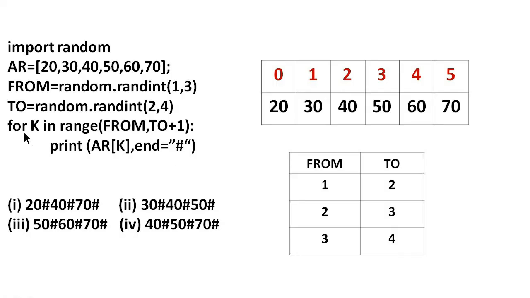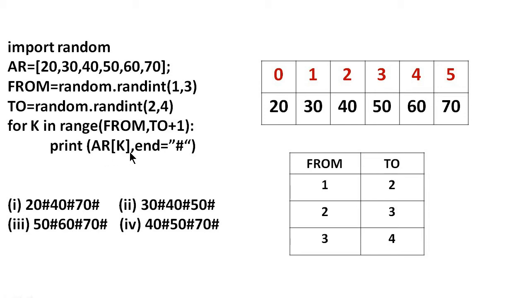See here itself, for k in range from, to plus 1. So the minimum value that can be assigned for the variable k is 1 and the maximum value is 4. Then see the values in this list. AR equal to 20, 30, 40, 50, 60, 70. Index also given here. Then what is to be printed?